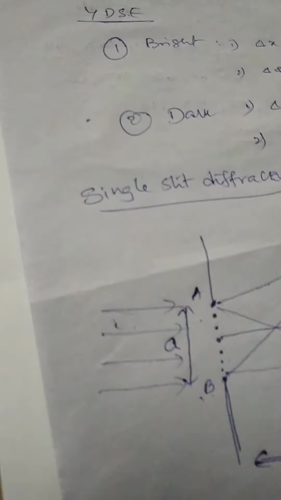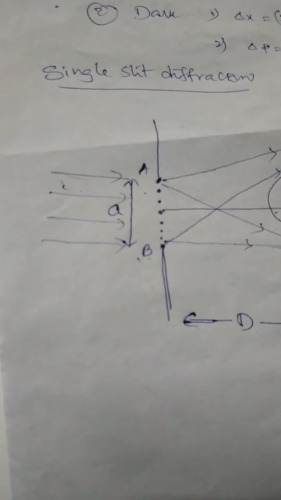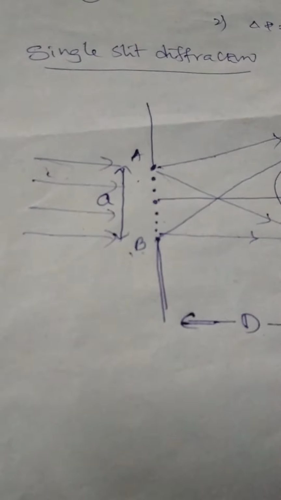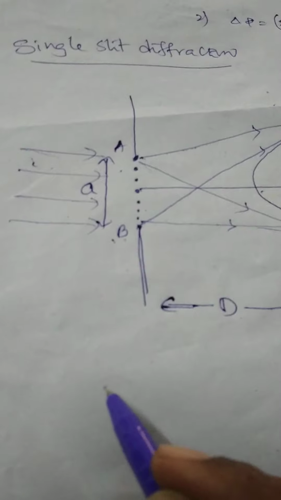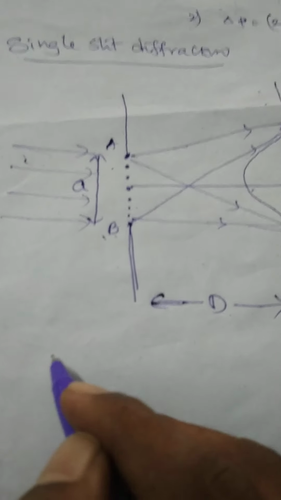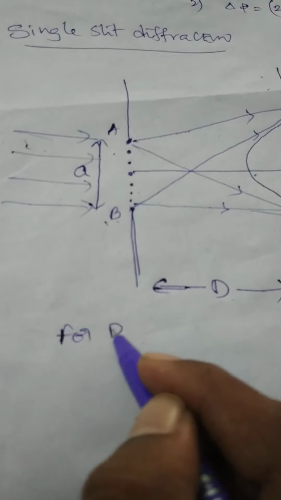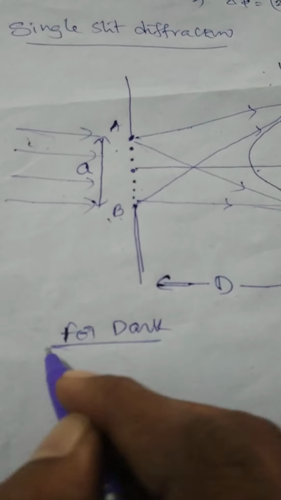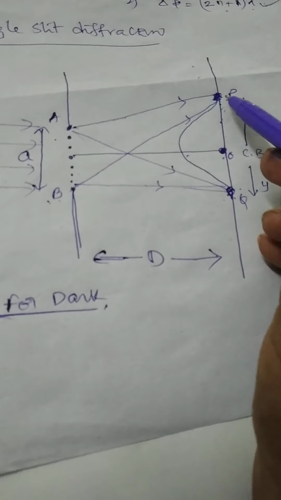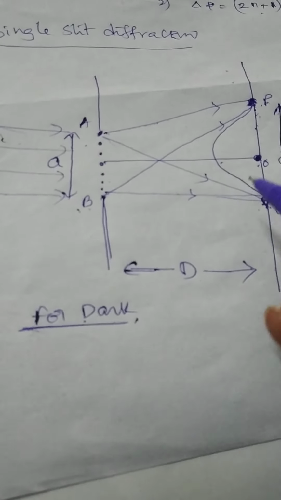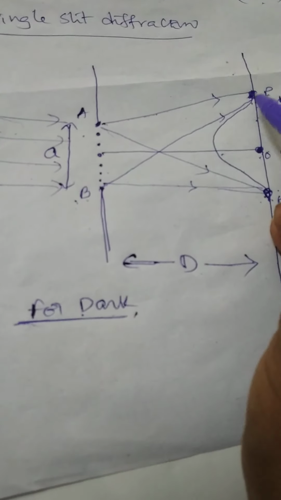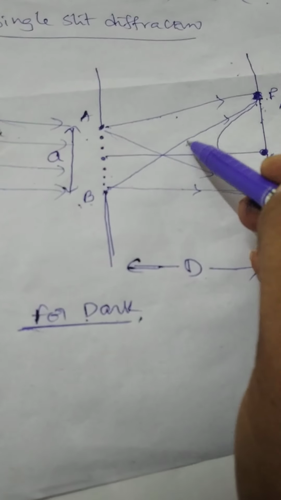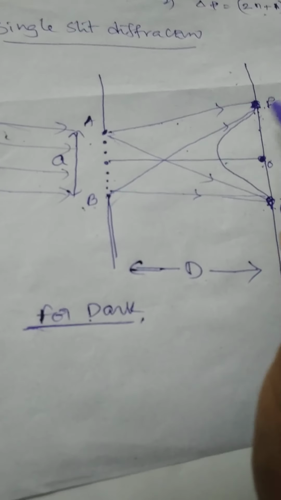My dear students, remember that the proof is not necessary for the incoming observations. Only remember these points. What is the condition for minima or dark? At the point P there is a minima, or the first dark. To produce the first dark at the point P, there is a path difference between AP and BP.